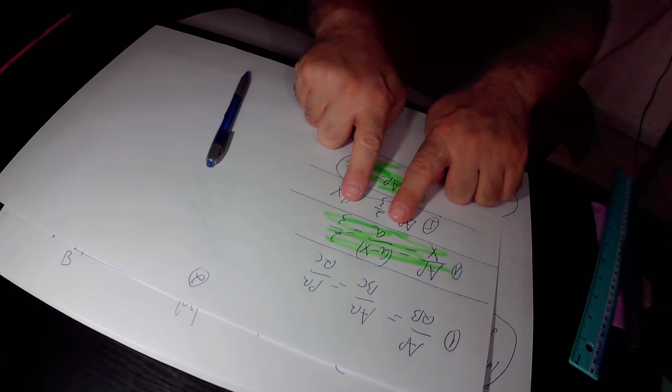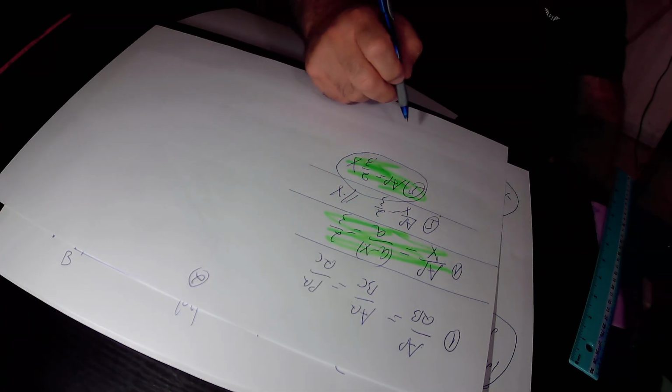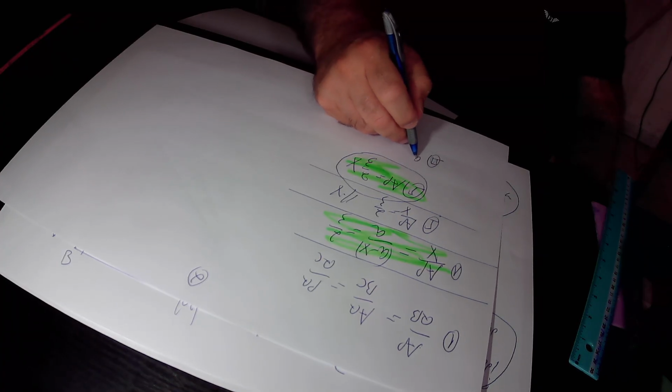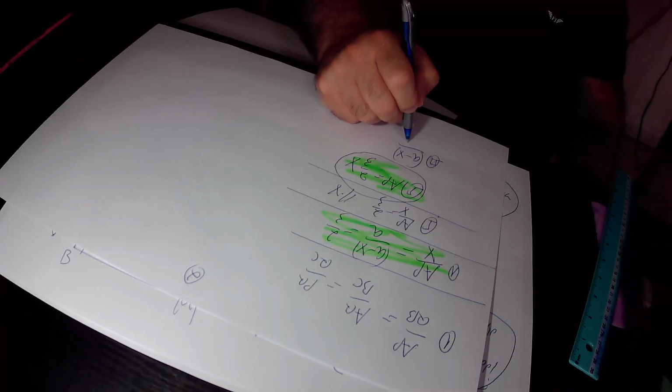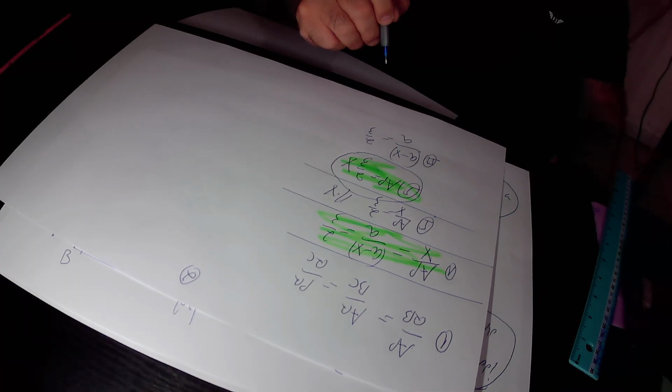Those two expressions are also equal to each other, so we get equation 2 from them. According to equation 2, a minus x over a equals 2/3.